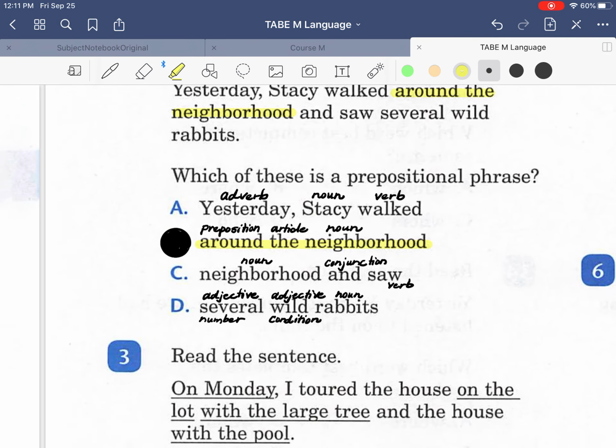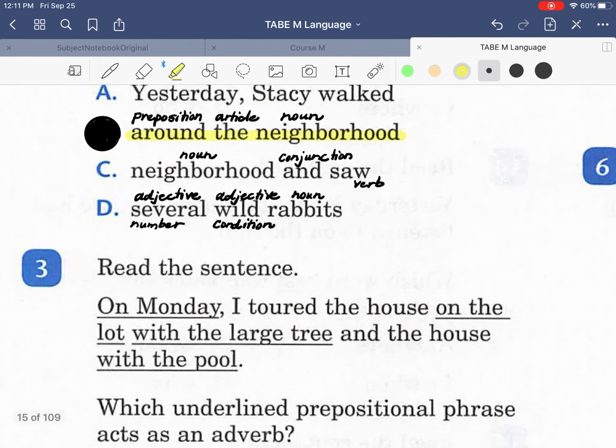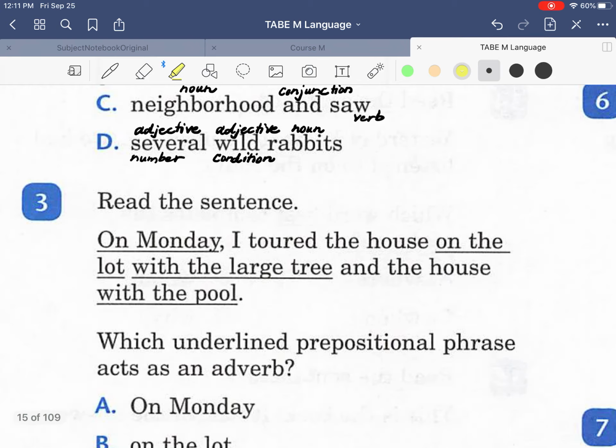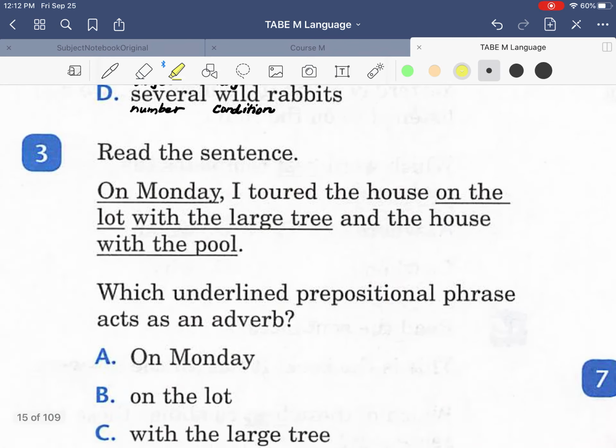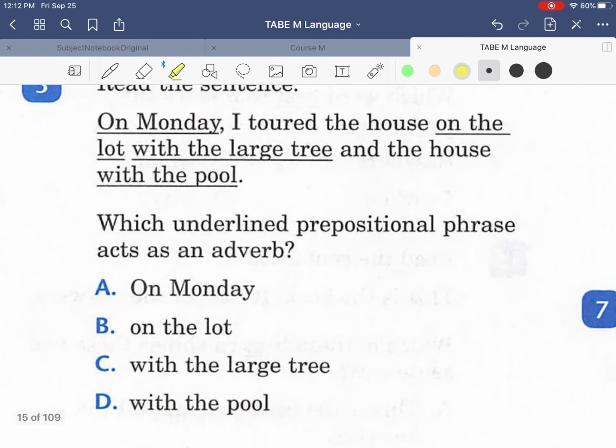Okay, number 3. Read the sentence. On Monday, I toured the house on the lot with the large tree and the house with the pool. Which underlined prepositional phrase acts as an adverb?